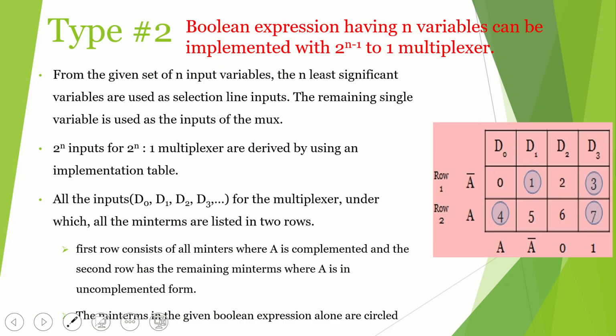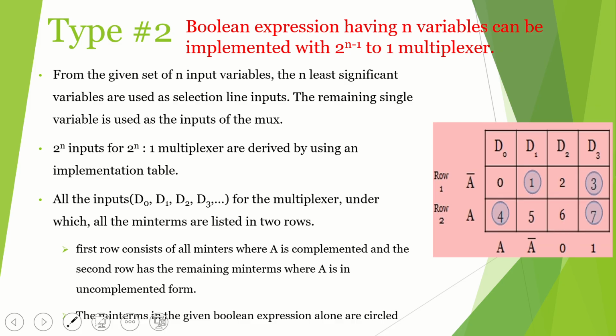In this 0 to 7, under D3, 3 and 7 both are circled. If both are circled, in the row with respect to A bar and A, it takes the value 1. If none of the min terms is selected, the value 0 is considered.